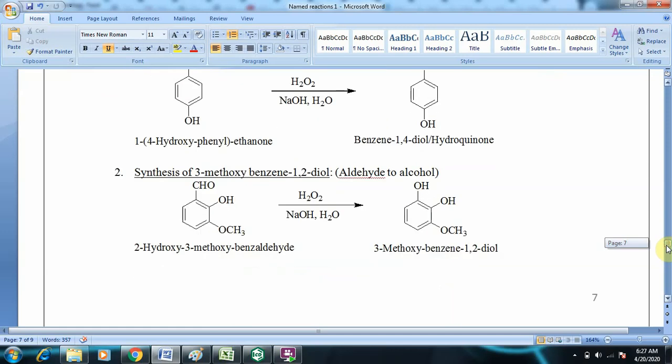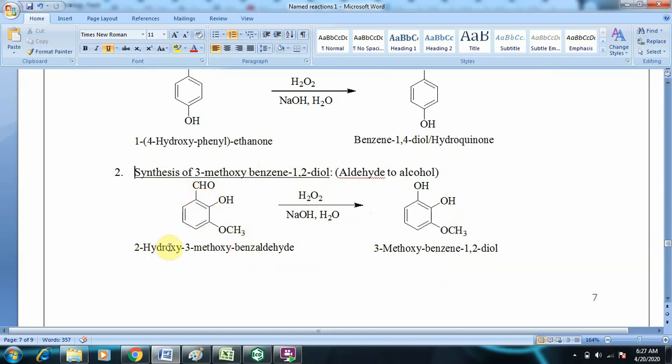And coming to the next reaction, synthesis of 3-methoxybenzene 1,2-diol. 3-methoxy 1,2-benzene diol. So here the starting material is 2-hydroxy 3-methoxy benzaldehyde. See here 1, 2, 3. On the third position you have methoxy, and second position you have hydroxy, first position you have an aldehyde.